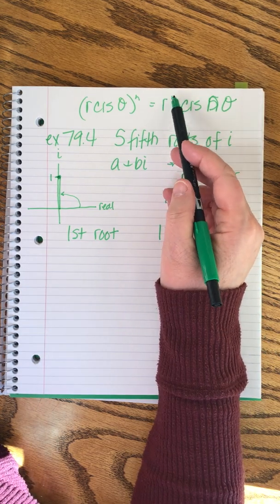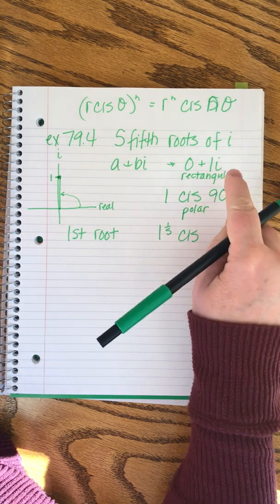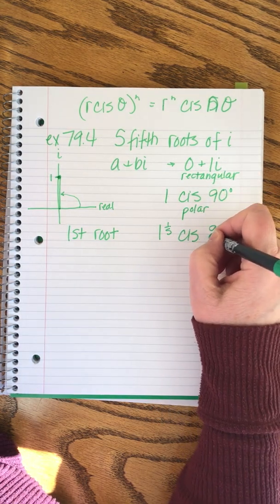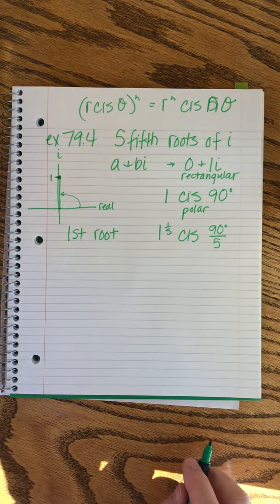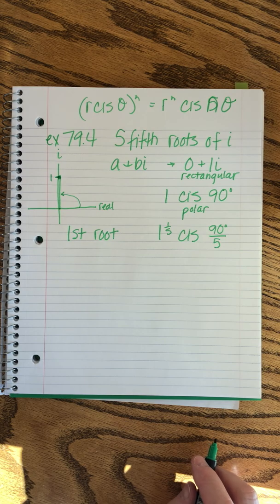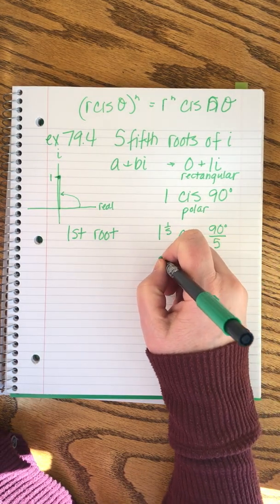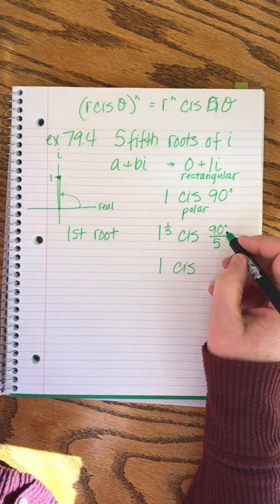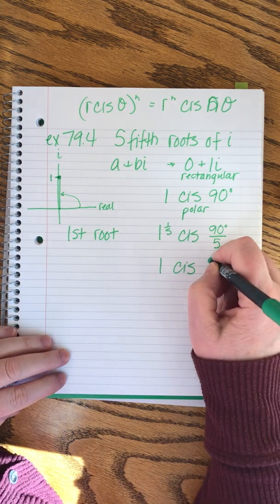We're going to do this in reverse, right? And then we're going to take the angle and divide it by the power that we're using. So there's the first one. Now I'm going to simplify that, and it is 1. The 5th root of 1 is 1. And let's see, 90 divided by 5 is 18.